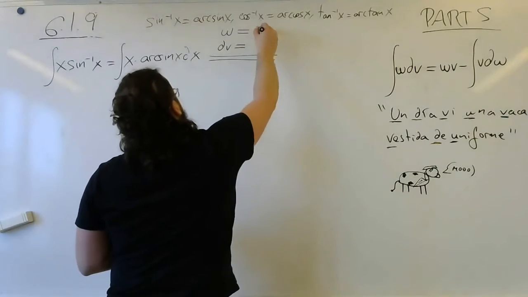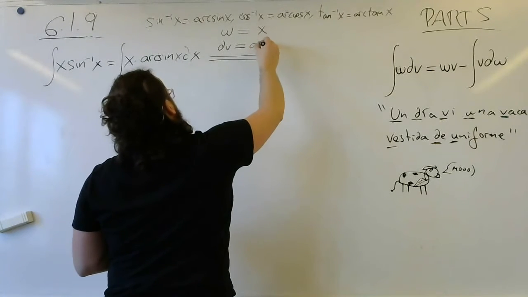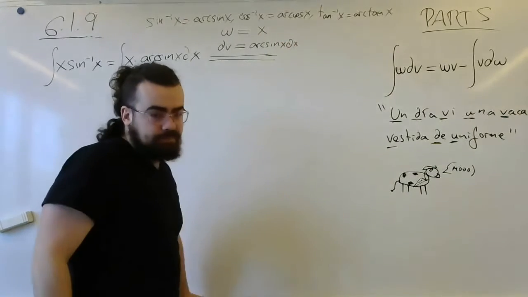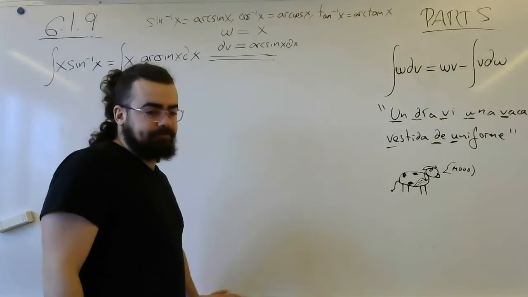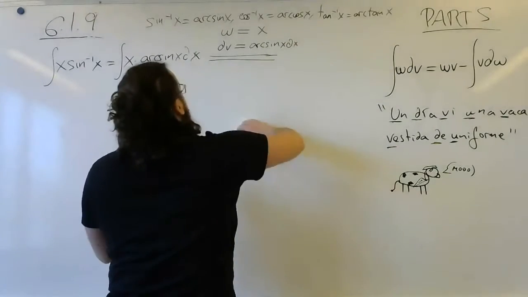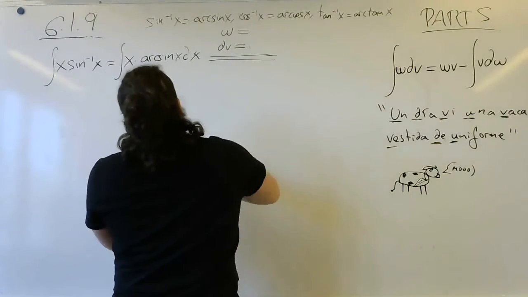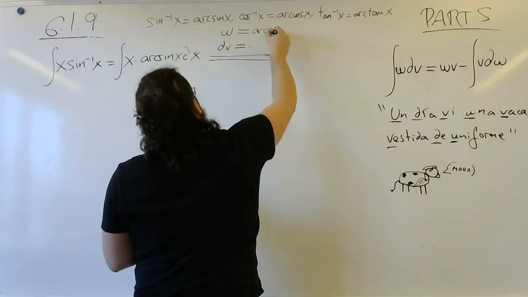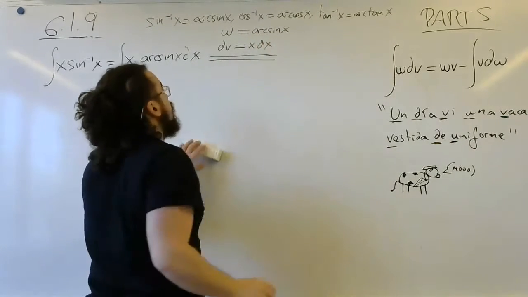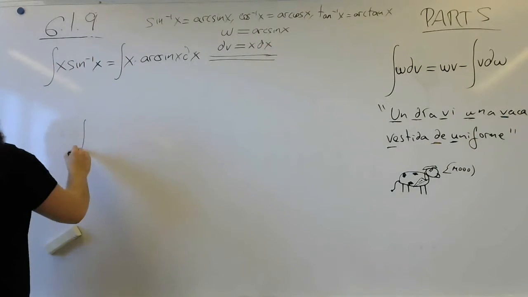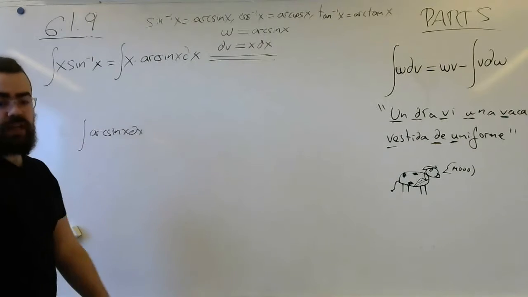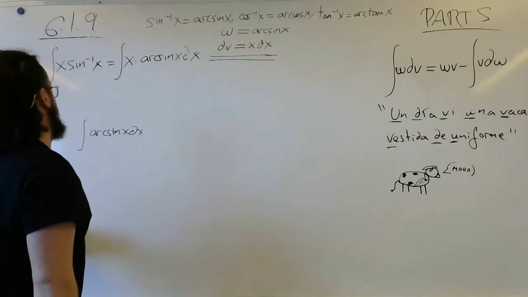W is x, and differential of v is arc sine x differential of x. The other way around. Good. Now the problem here is that we don't know what this thing is. You could calculate it, but you probably don't need to.